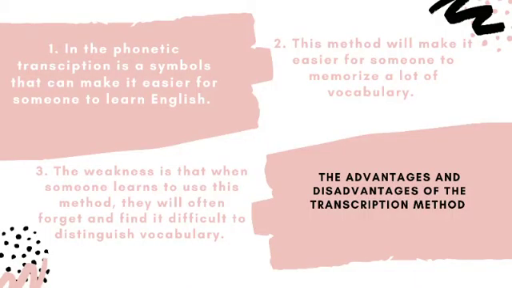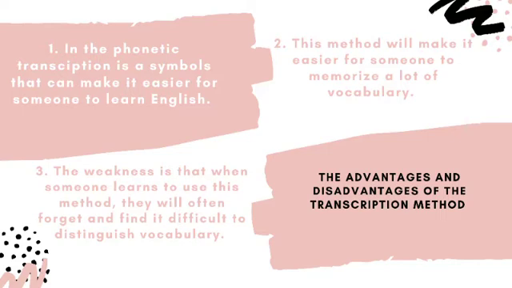The advantages and disadvantages of the transcription method. 1. Phonetic transcription is a symbol system that can make it easier for someone to learn English. 2. This method makes it easier to memorize a lot of vocabulary. 3.